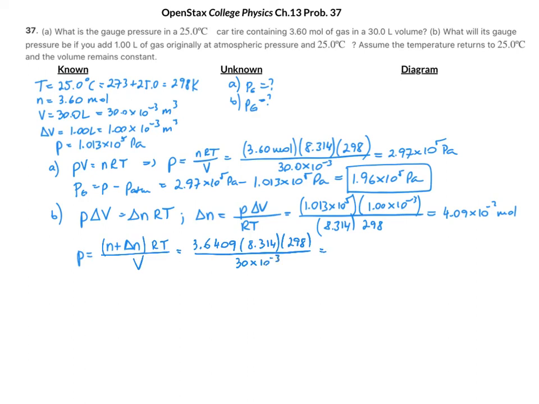And when we plug these numbers in, we end up with 3.007 times 10 to the 5th pascals. So again, to find the gauge pressure, we have to subtract from the value we just obtained the atmospheric pressure, which is 1.013 times 10 to the 5th, and end up with 1.994 times 10 to the 5th pascals.